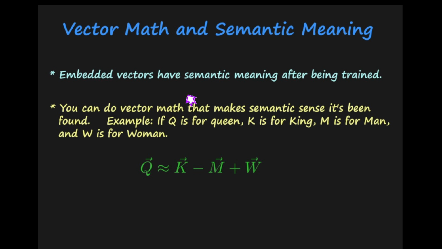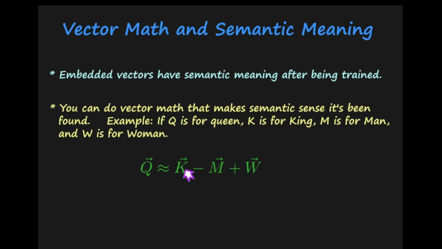For example, look at the math here. And this makes semantic sense. If Q is a vector for queen, K is a vector for king, M is a vector for man, and W is a vector for woman, this sort of equation actually works, it's been found.